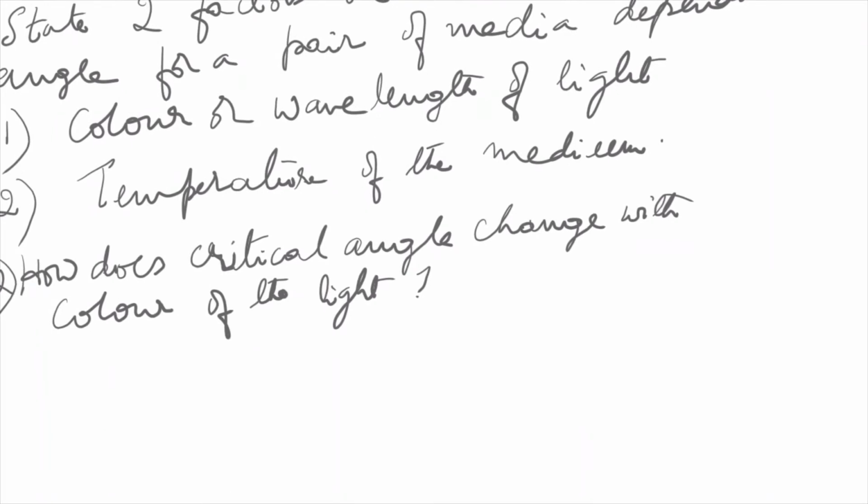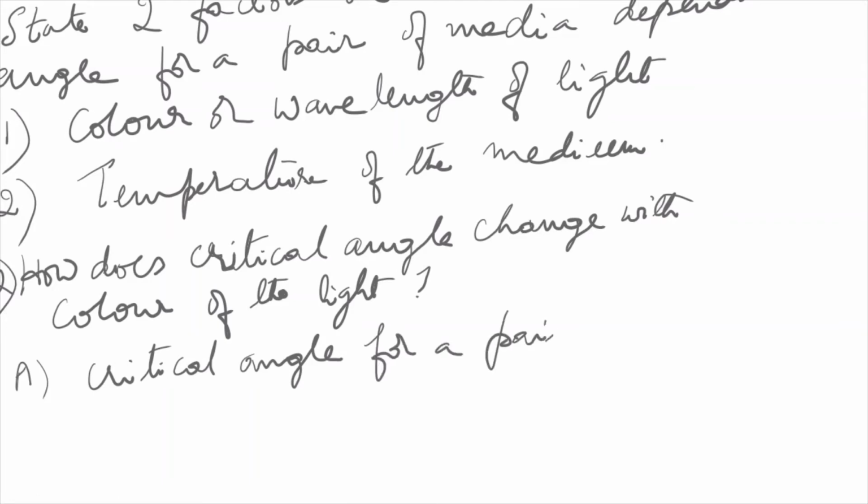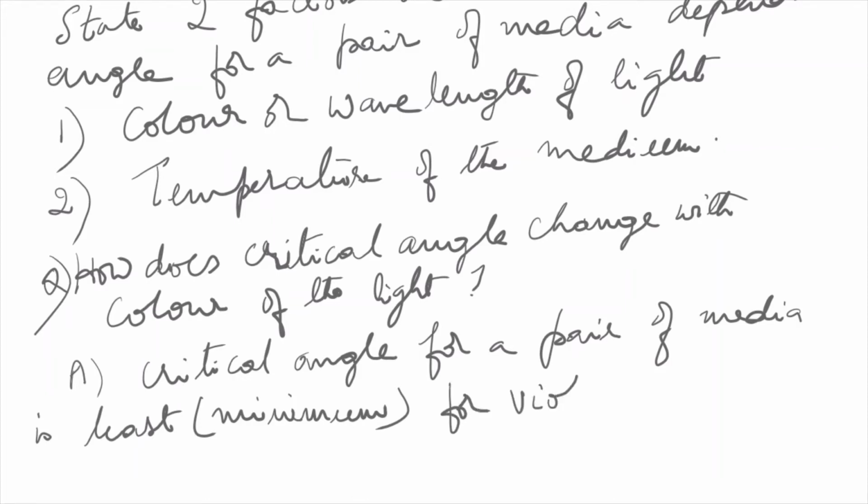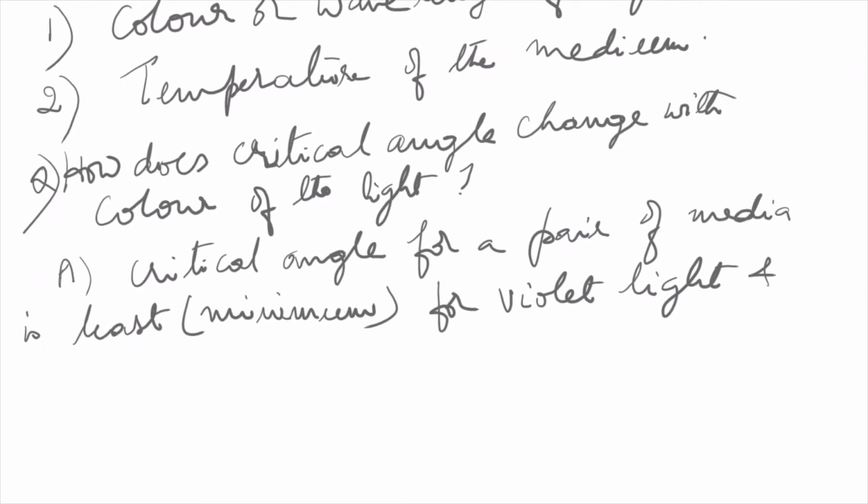So the answer will be: critical angle for a pair of media is least or minimum for violet light, and maximum or the most for red light.